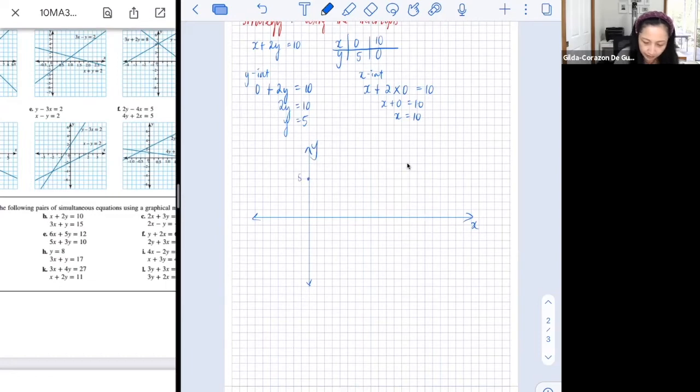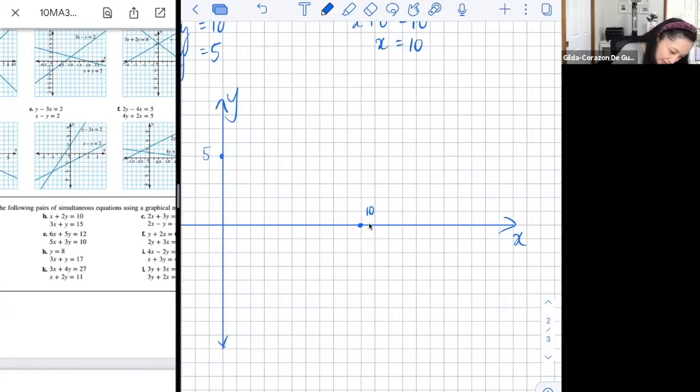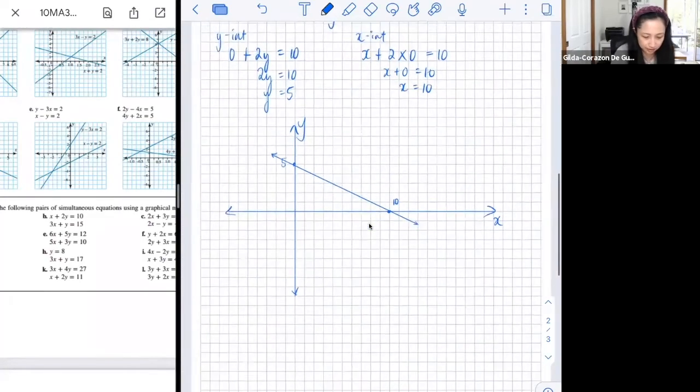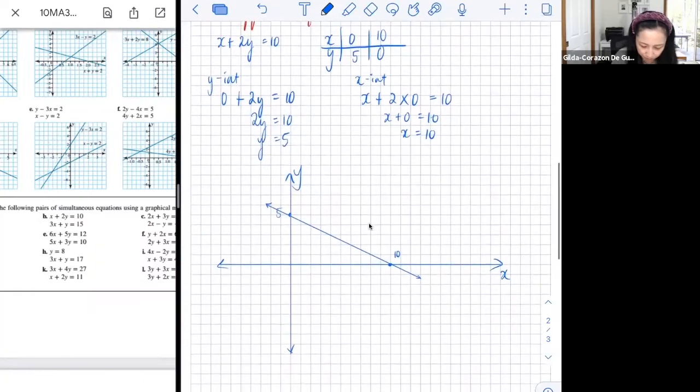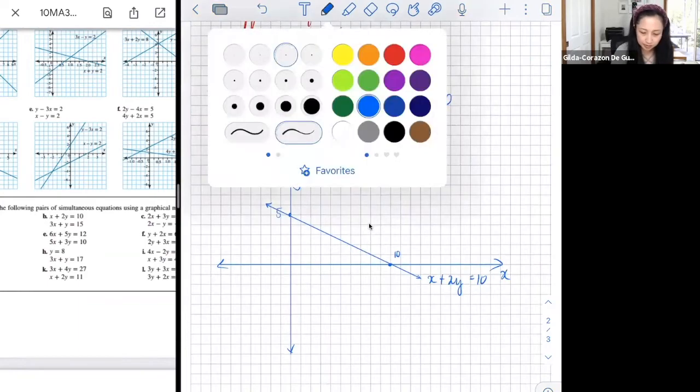And then I've got 10, 0: 1, 2, 3, 4, 5, 6, 7, 8, 9, 10. Now you want a line that goes through those 2 points. That doesn't affect our point of intersection. Okay, and then the other one, now we use a pink one.